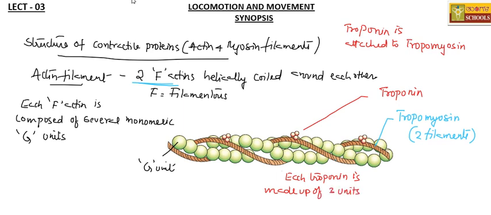Those three units are TNT, that is troponin T, then TNI, and then we have one more called TNC. So these are the three units of troponin.